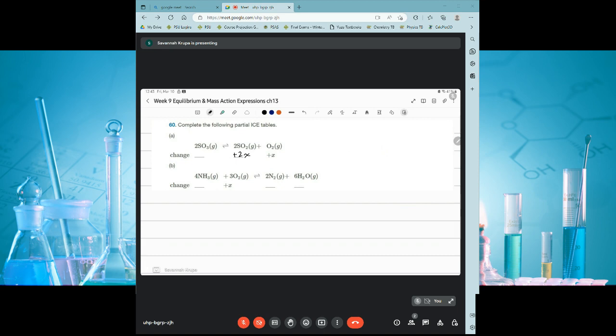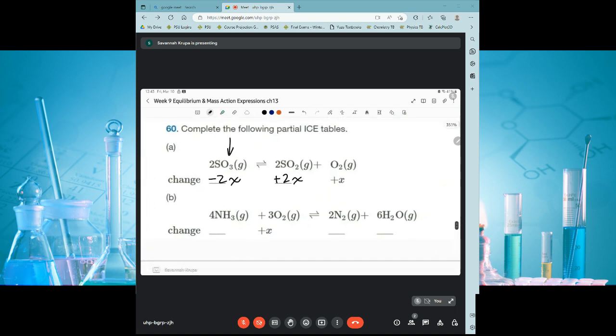And so for the reactant side, the 2SO3, there's two of it, but the reactants are changing into the products. So the reactants will lose what they were before. So it's going to be a minus 2x because of that fact.